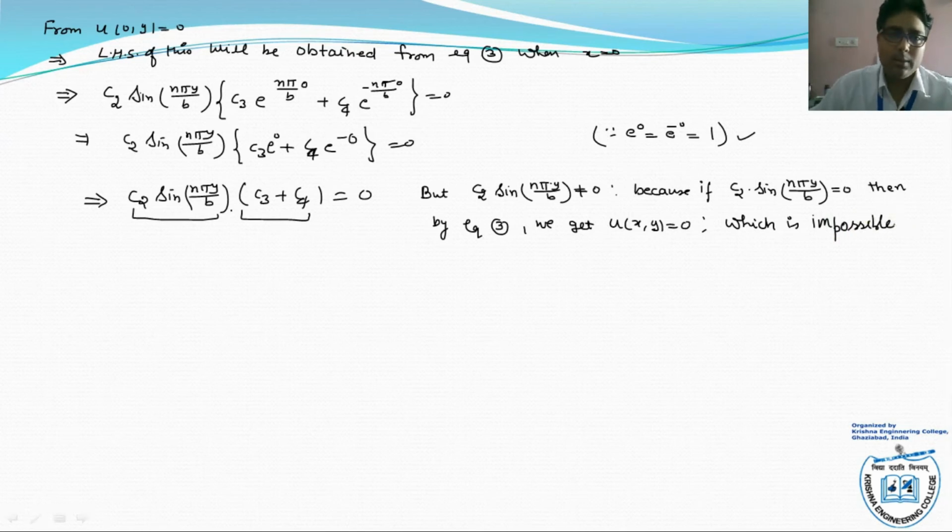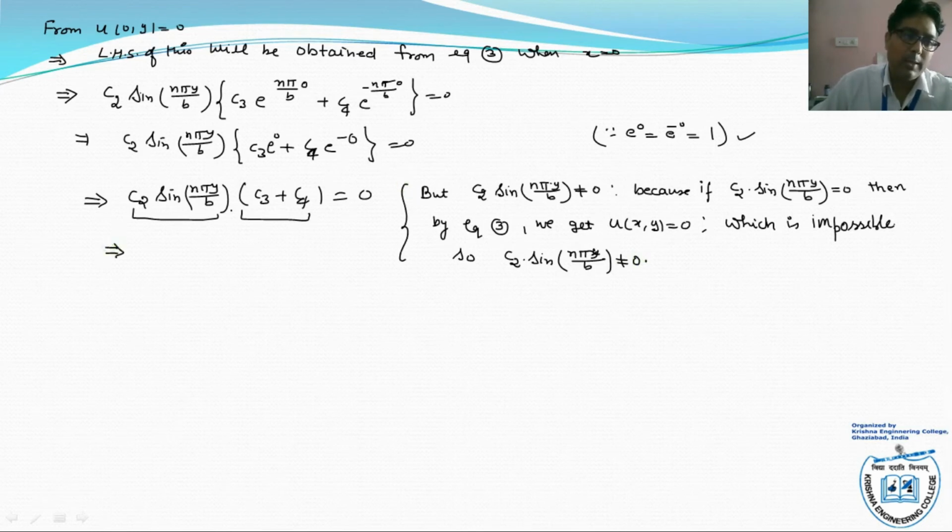Impossible. Clear? So C2 into sine n pi y upon b will never be 0. Clear? So we get only one possibility here, that C3 plus C4 is equal to 0. So this becomes C4 is equal to minus C3. The value of C4 is equal to minus C3.